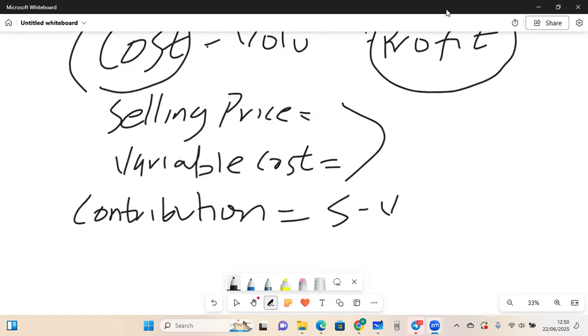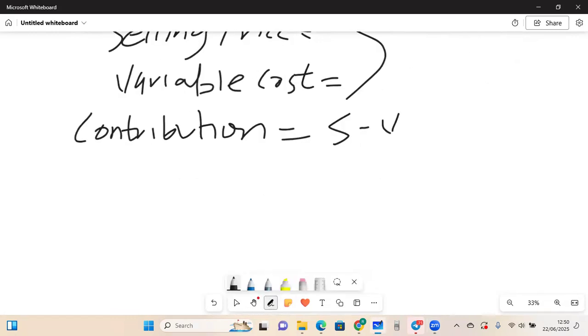That is when it is in units. When it is in total, total sales minus total variable cost is going to give you contribution margin, right? This is where we are building everything so that the rest of this session wouldn't be difficult.